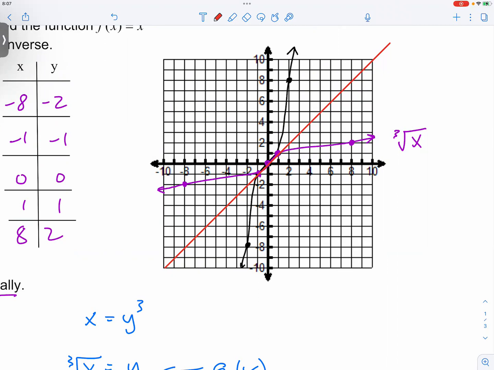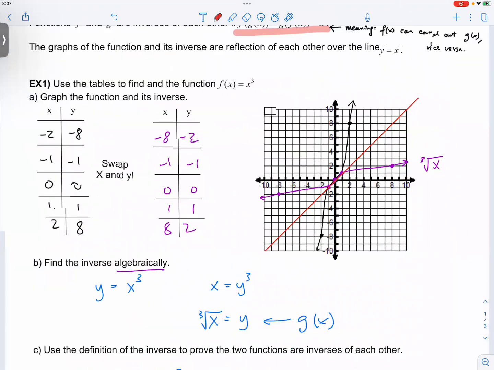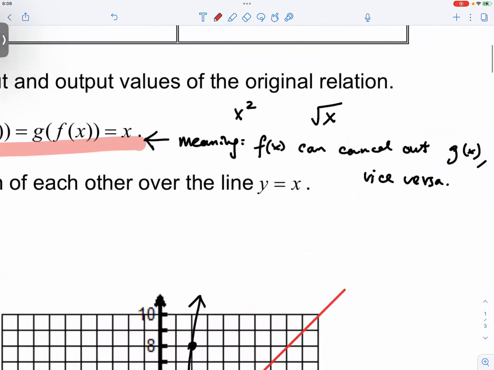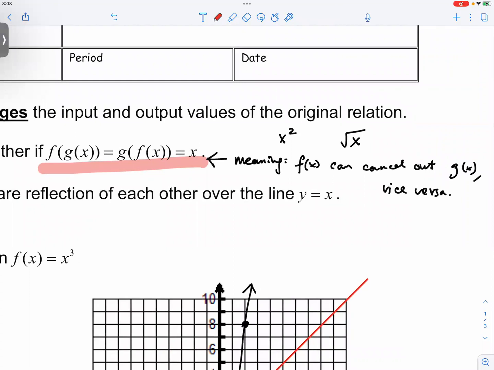But more importantly, I really want you to understand that inverse functions are the ones that cancel each other out. By understanding the inverse functions, the ones that can cancel each other out, you are learning how to use functions as a tool.